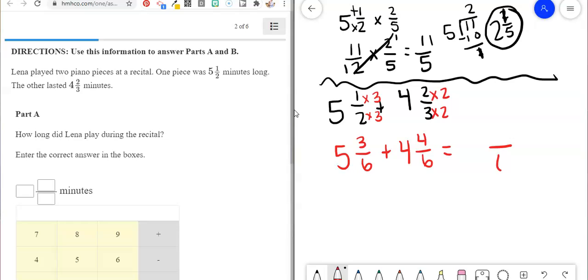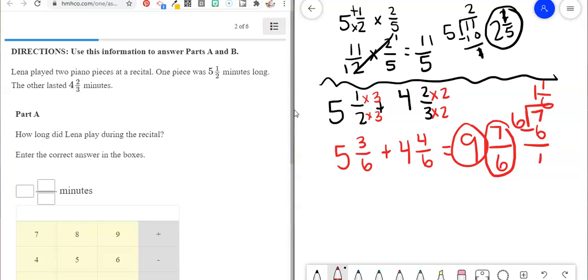So my denominator is 6. 3 plus 4 is 7. 5 plus 4 is 9. And if you look at this right now, it's an improper fraction. So we're going to have to change that to a mixed number, and we'll add our original whole number to it. So I have 1 1/6, but then I have to add that 9 to that 1.